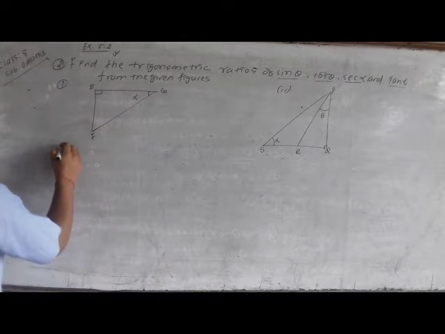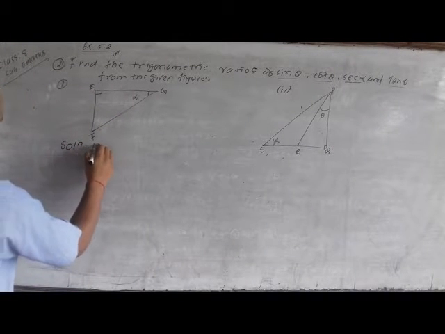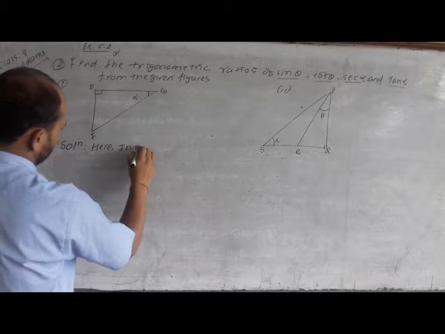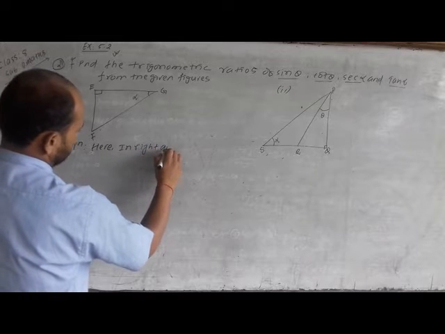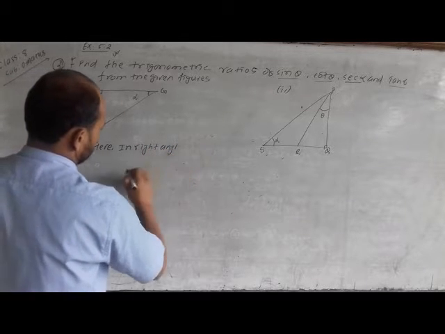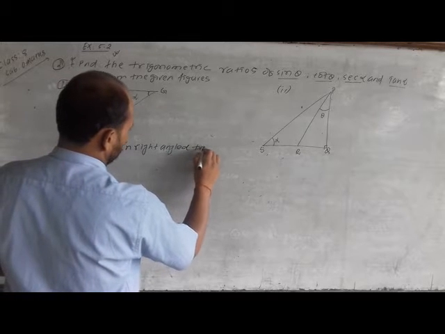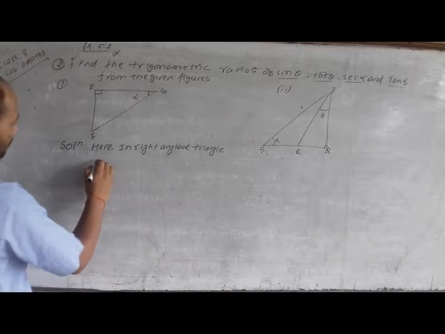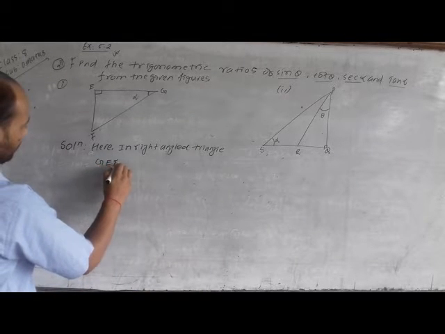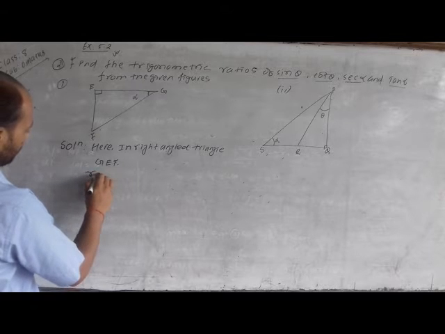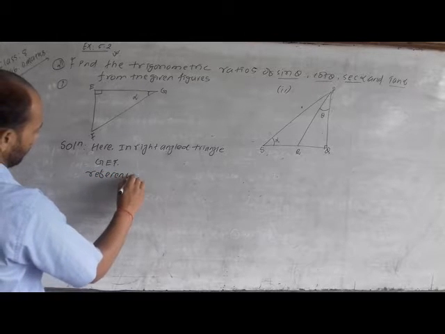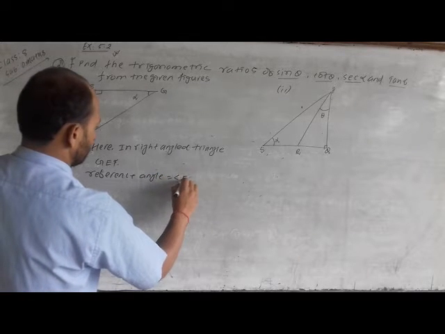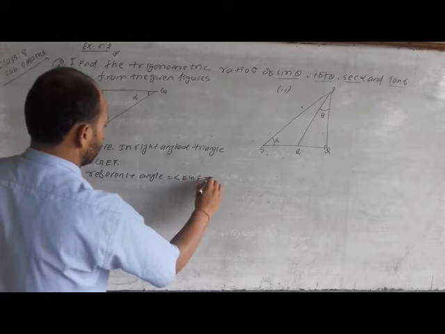Now look here, solution. Here in right angle triangle GEF, reference angle EGF is equal to alpha.